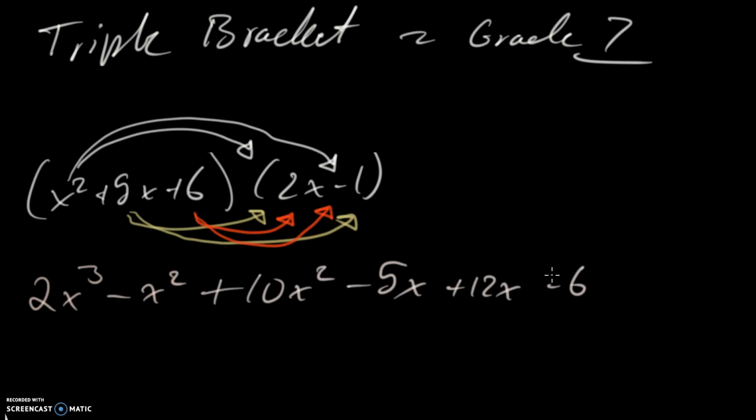We just simplify the super long answer that we just got to give us 2x cubed minus 9x squared plus 7x minus 6 is what your answer should have been.